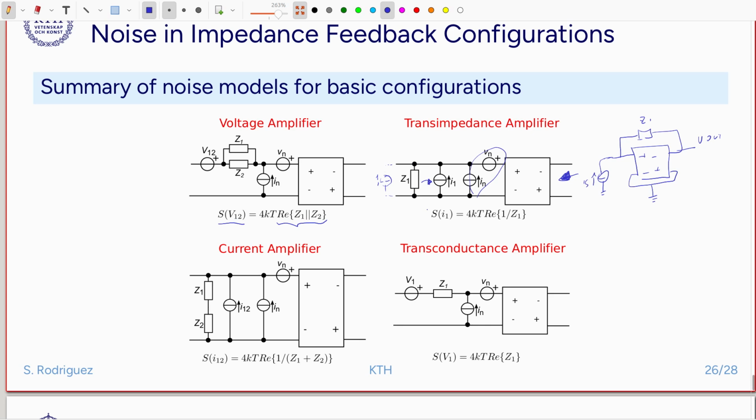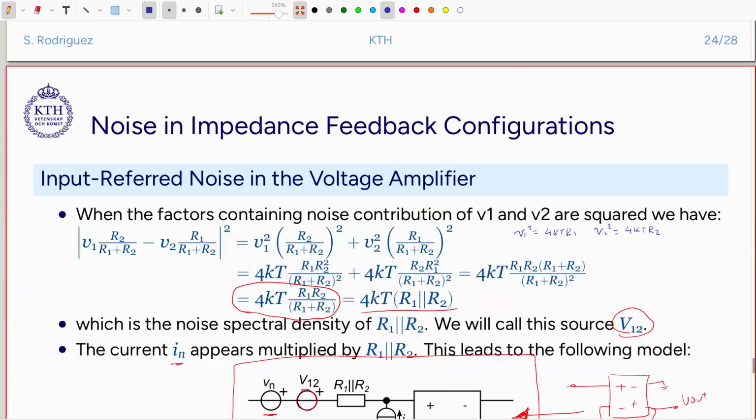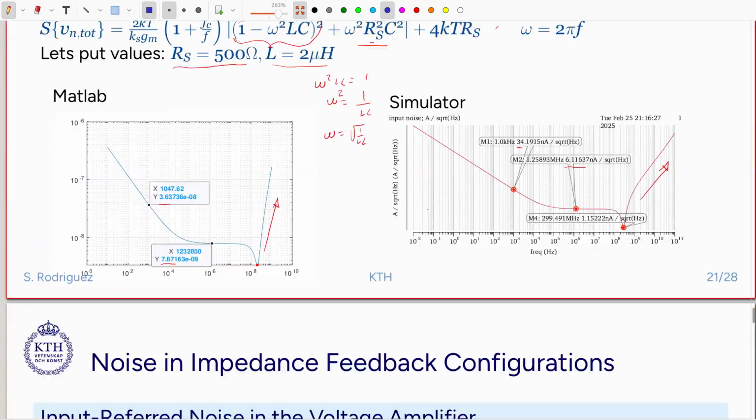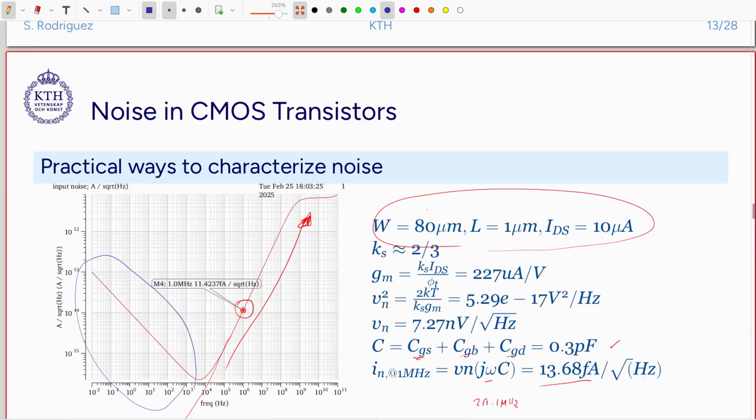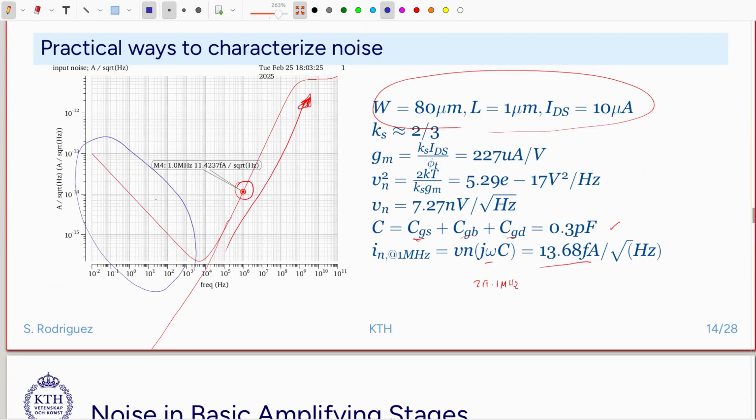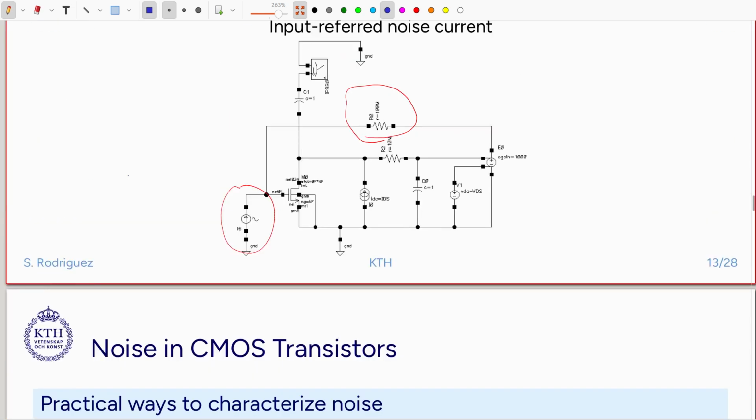Okay, so just for completeness, remember what I talked about before regarding that we make some mistake when we extract the input referred noise current, and we see that the resistor here behaves like a transimpedance amplifier.